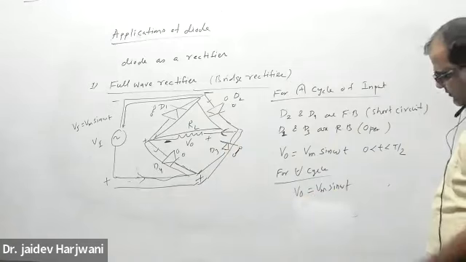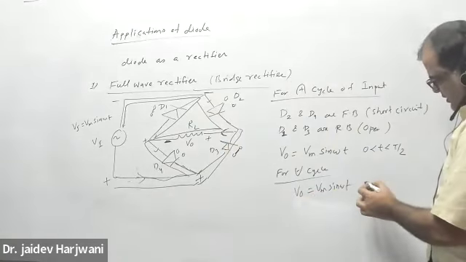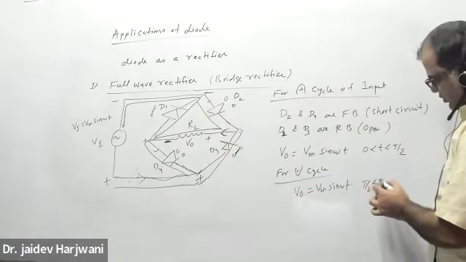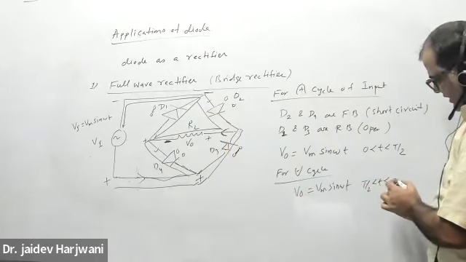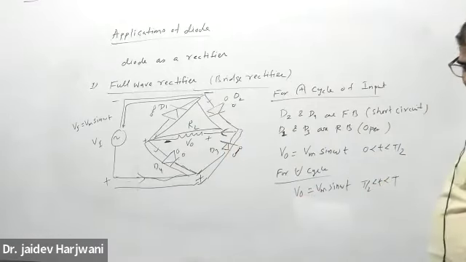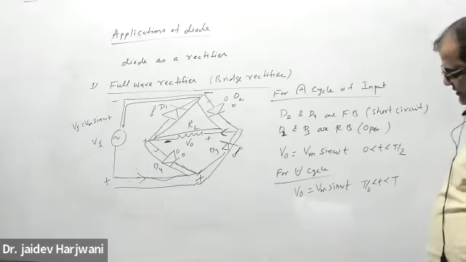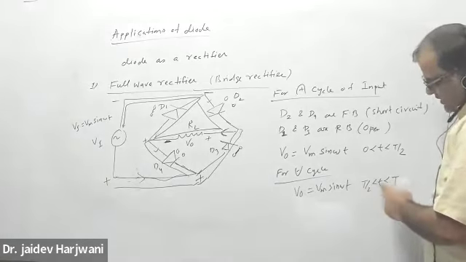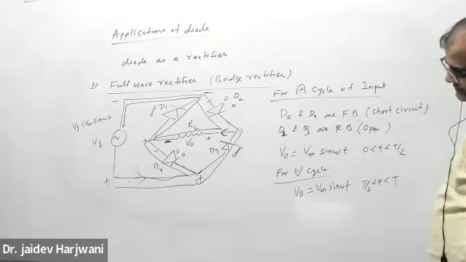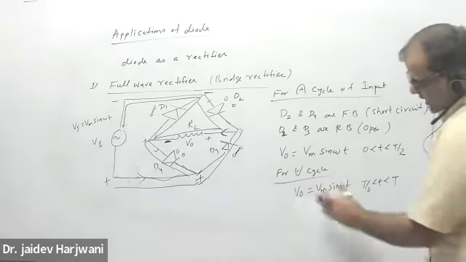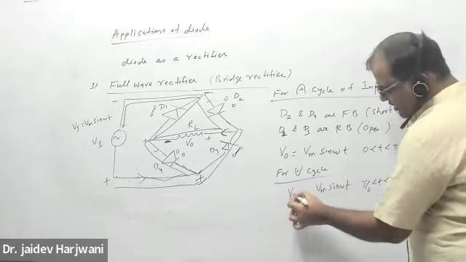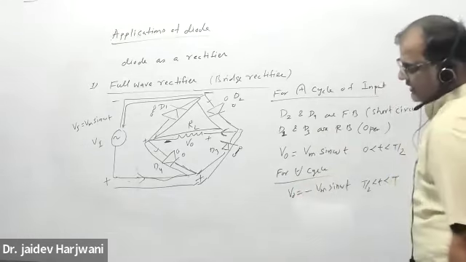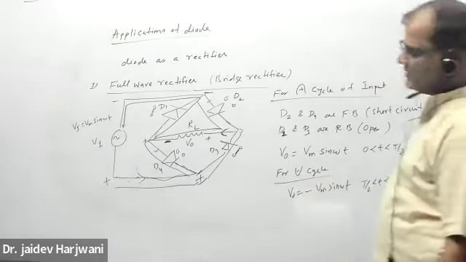Okay, between T by 2 to T. But the problem is that from T by 2 to T the sign is negative. So I have to put a sign here, V output equals minus Vm sine omega t. Okay, what does this mean?